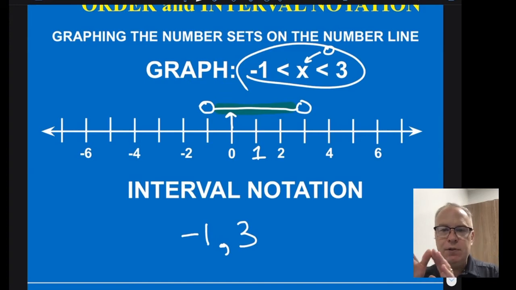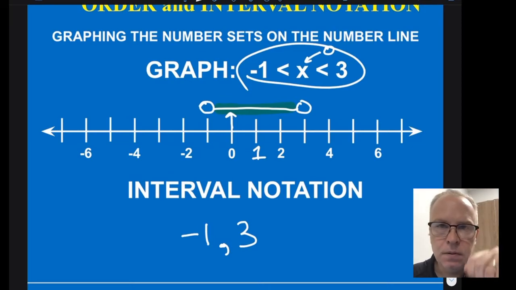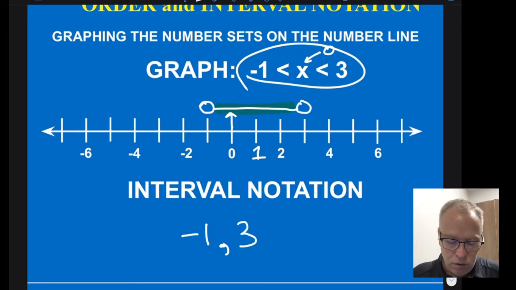It's read left to right. So -1 to 3. And now listen, are you listening? Because it's an open circle, we use a parenthesis for the first side. And you see that it's an open circle on the other side also. So we're going to put another parenthesis on the other side.